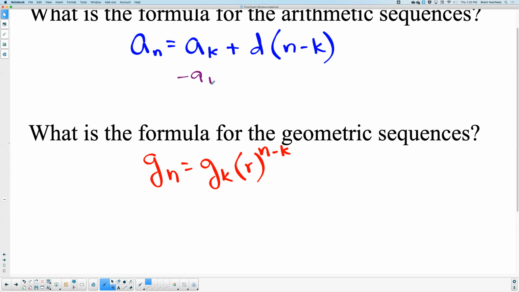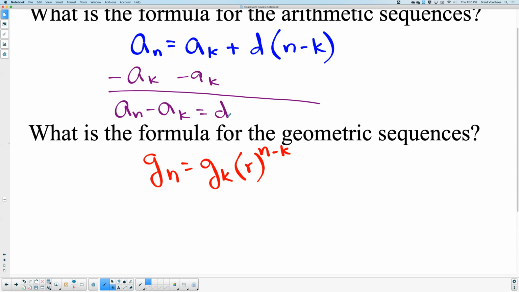So if you subtracted A_k from both sides, A_n minus A_k will equal the common difference times (n minus k). And divide by n minus k. And so we end up with d equaling (A_n minus A_k) over (n minus k).